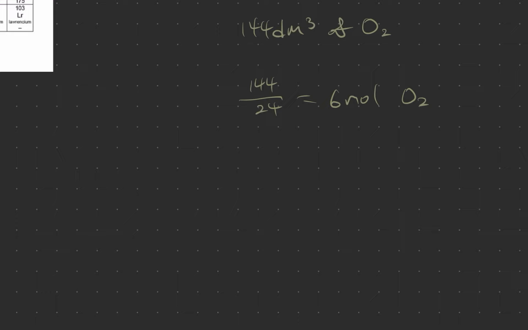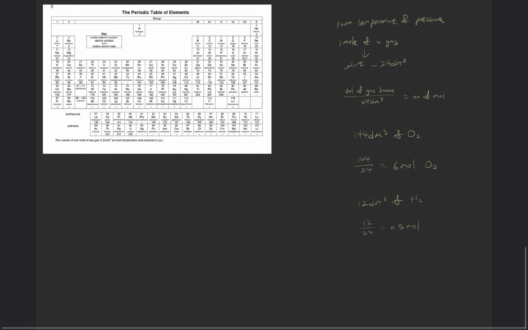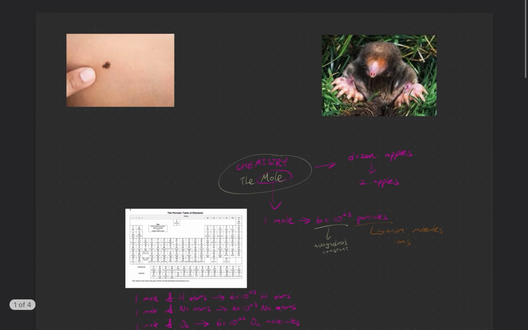What if now I have 12 dm³ of hydrogen gas? Basically just do the same thing and you get half a mole. So that's how you find the number of moles using different types.